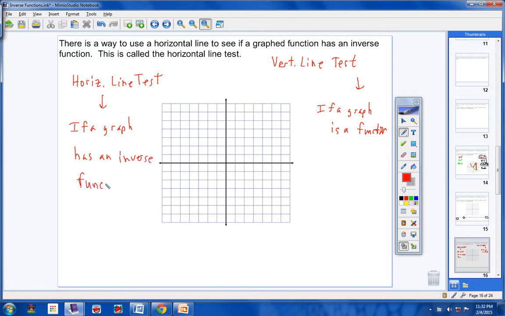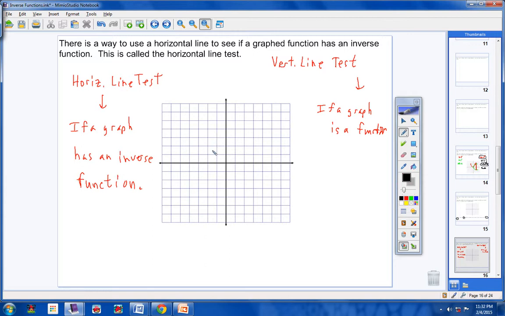Okay? Now really, that's pretty simple. That's not hard to understand. The vertical line test looks at a graph and says, yes, it's a function. The horizontal line test looks at a graph and says, yes or no, this graph has an inverse function. It shows you. Okay? So, let's practice this. You can watch or take notes.